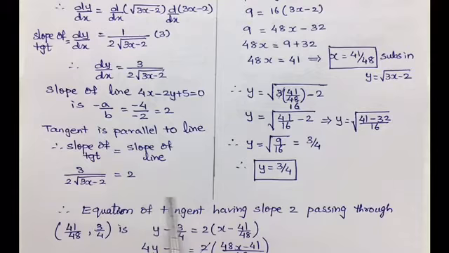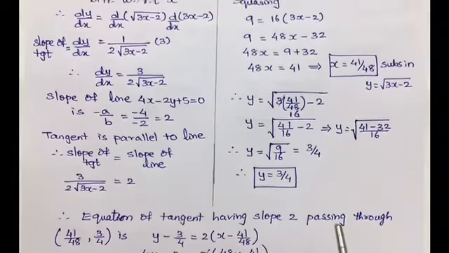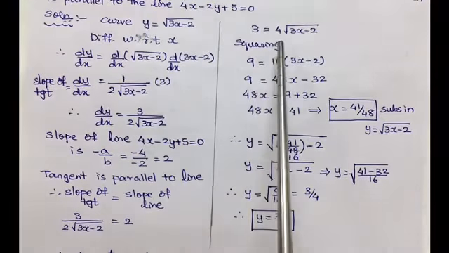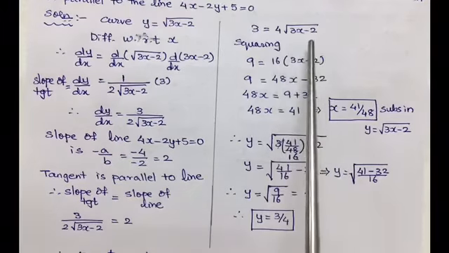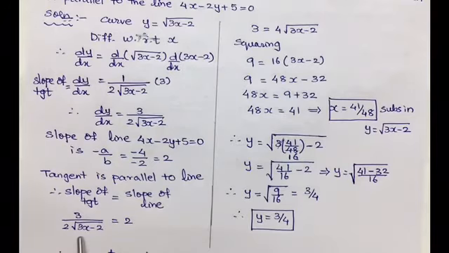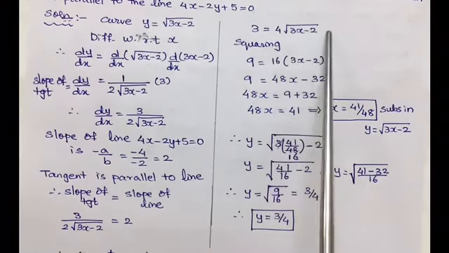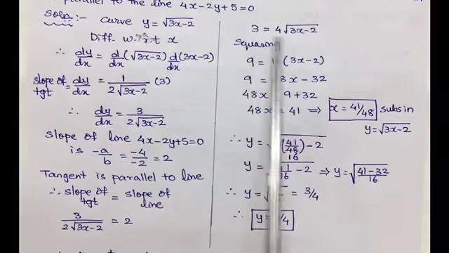Then after shifting everything to the other side, we get 3 equal to 4 root 3x minus 2, going for the cross multiplication. Now as the root is to be removed, we need to square both sides.